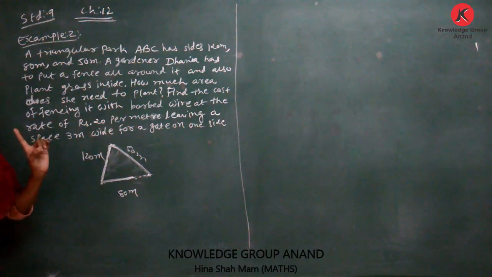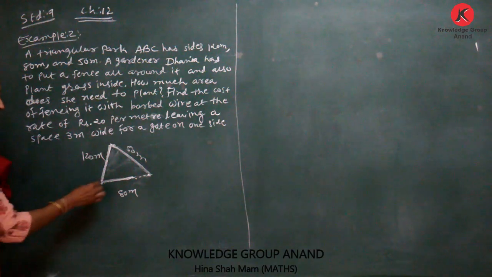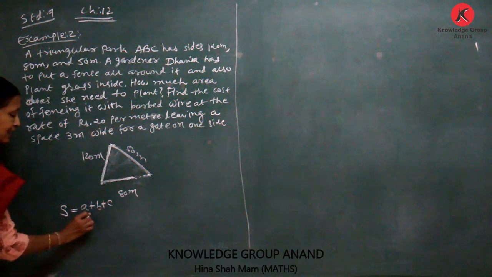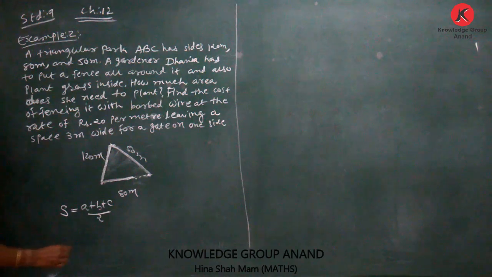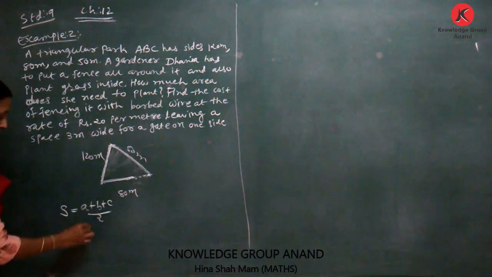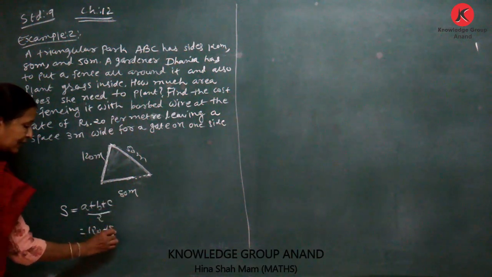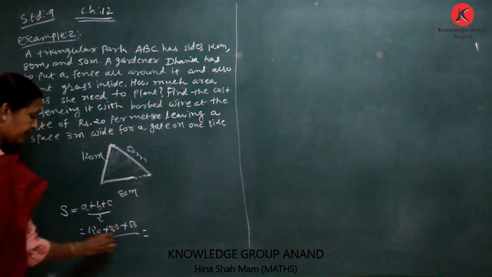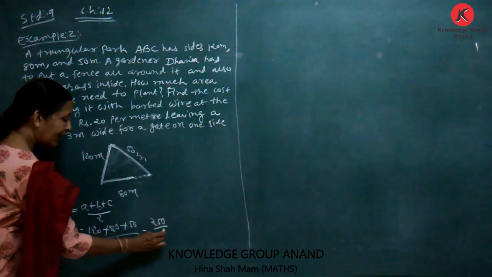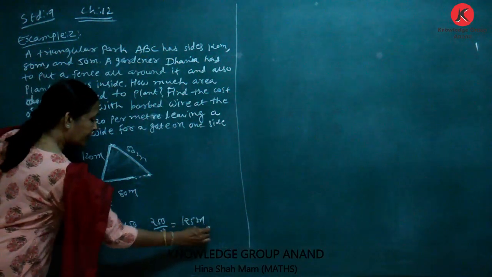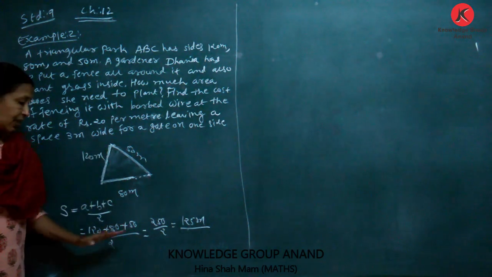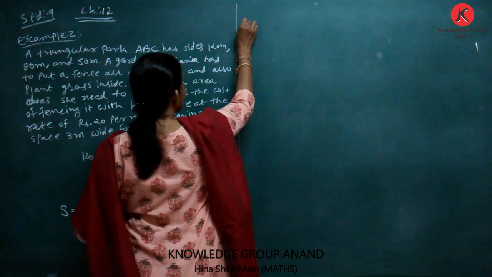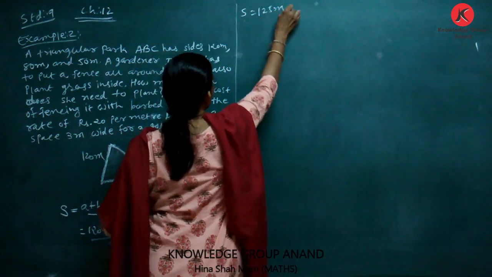Then we find the semi-perimeter. Semi-perimeter S is equal to A plus B plus C divided by 2, which is 120 plus 80 plus 50 divided by 2, equals 250 divided by 2, equals 125 meter. So S is equal to 125 meter.